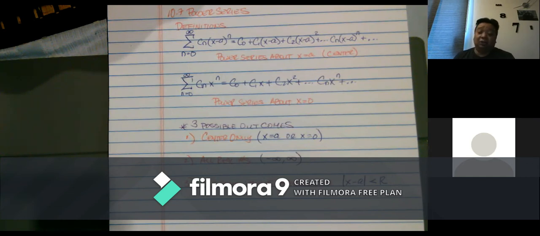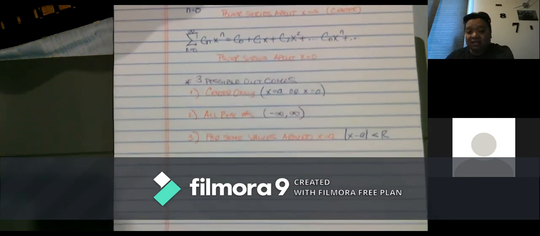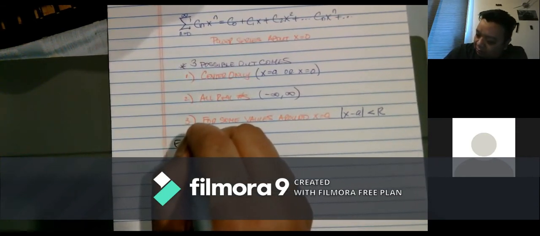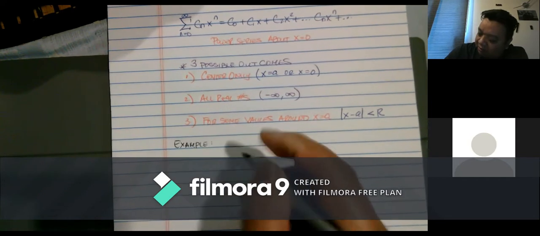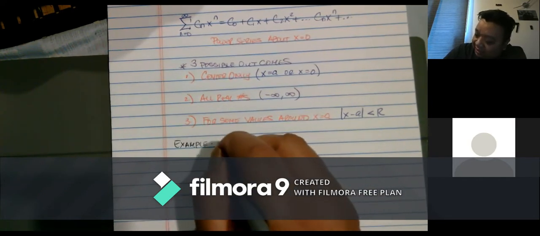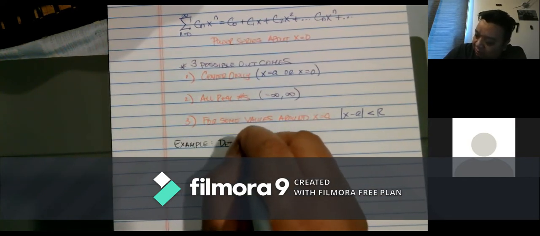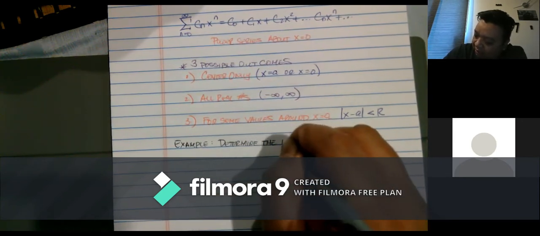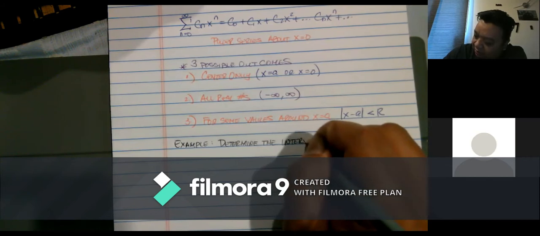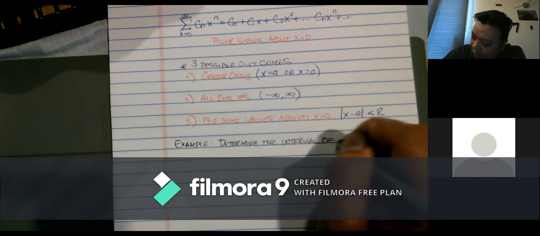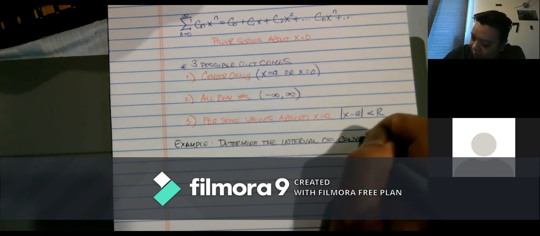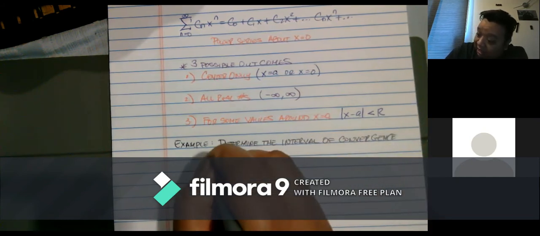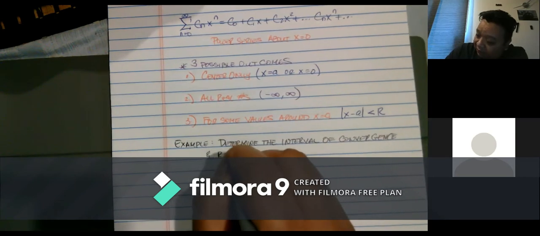So now, how do we determine this? Let's do an example. So example number one: determine the interval of convergence and the radius of convergence.